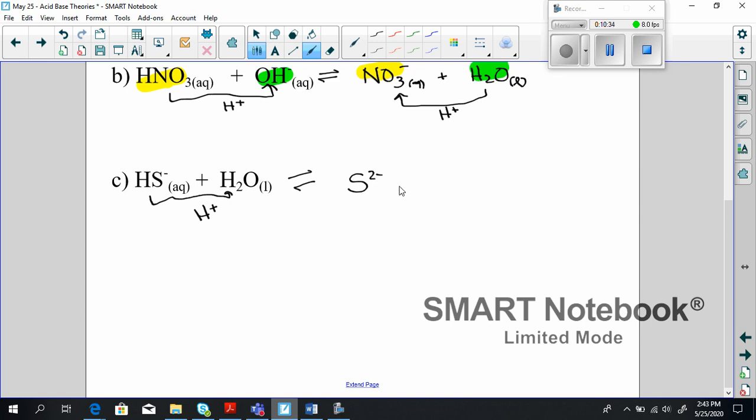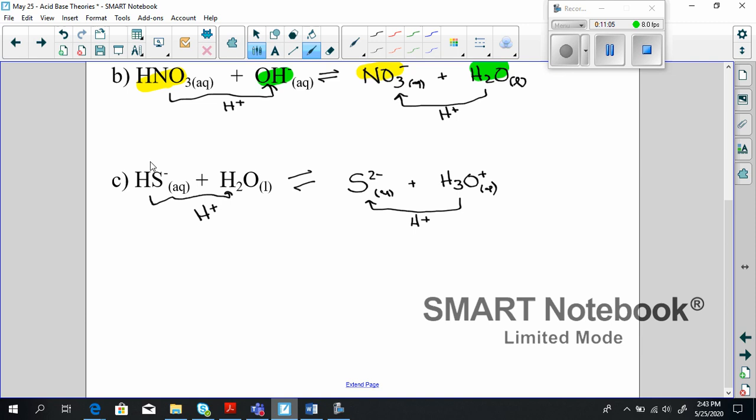So it was negative, it lost a positive, so it becomes 2 negative. It's an ion, so it's going to be aqueous. Water accepts, so it was H2O, now it becomes H3O positive. And again, that's an ion, so it's going to be aqueous. So here are our products. Just check your charges. Net charge of 1 negative on the left, a charge of 1 negative on the right, and the proton would move in this direction for the reverse reaction.